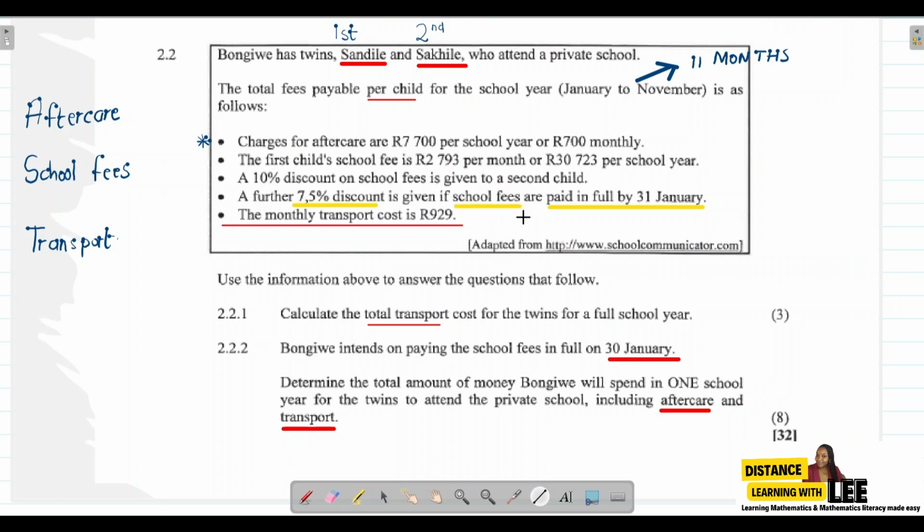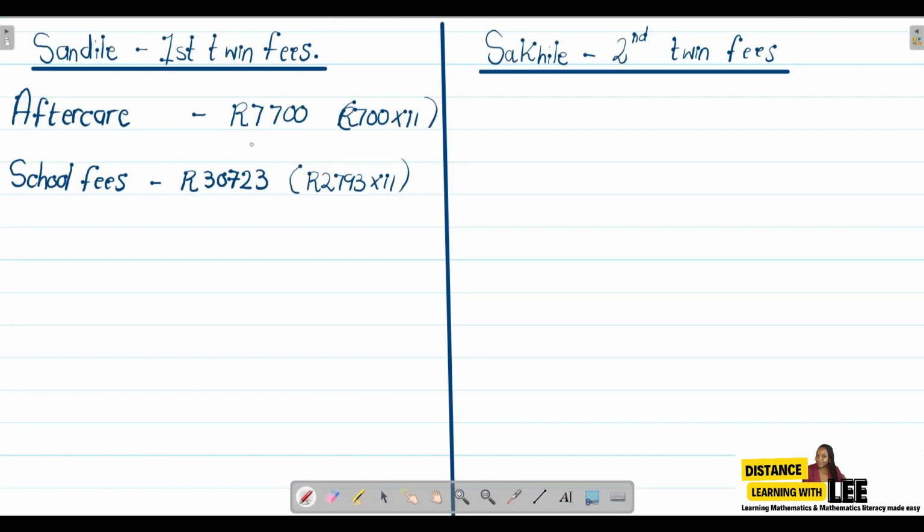Okay, so we're going to calculate that 7.5% discount. That is on the school fees that she pays for the first twin. She is given a 7.5% discount because she pays the school fees in full on the 30th of January, right?